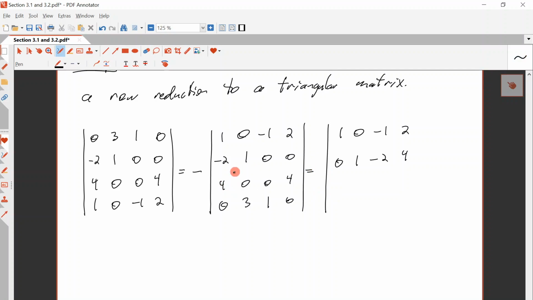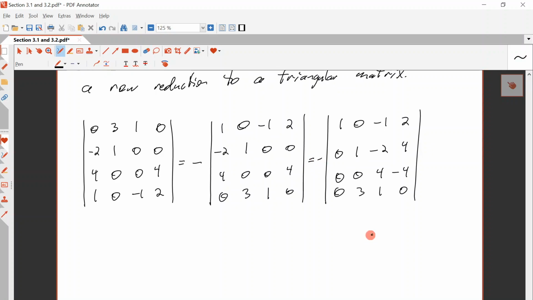Oops, I'm sorry, that negative sign should still be there. Subtract 4 times row 1 from row 3. So that's 0, 0, plus 4, and then 4 minus 8 is minus 4, 0, 3, 1, 0. All right, so that didn't change the determinant, but I still have this negative out front.